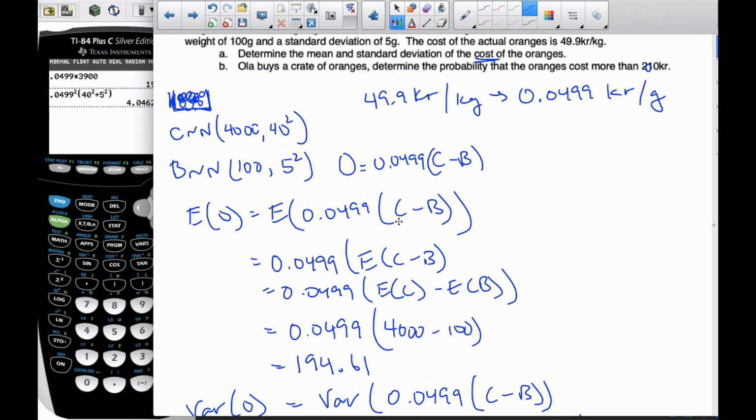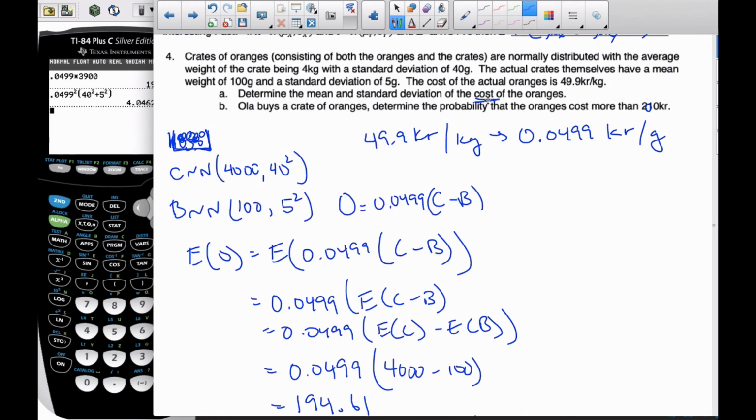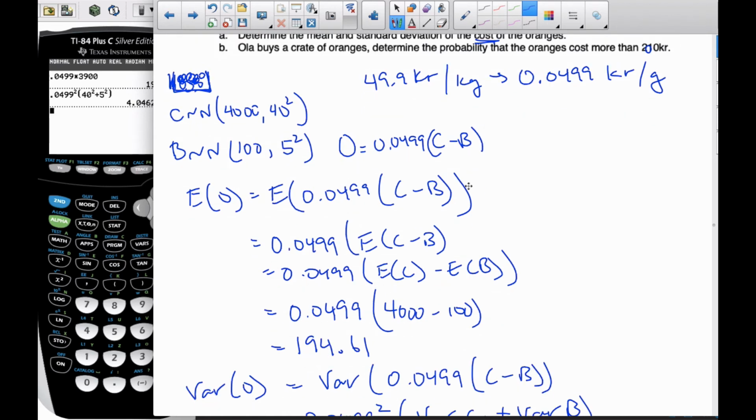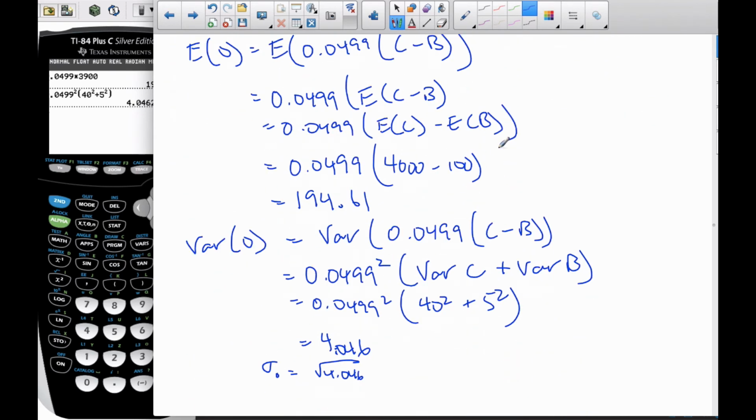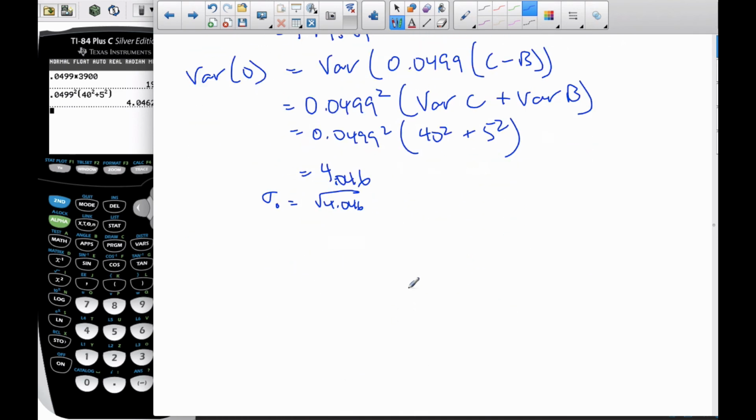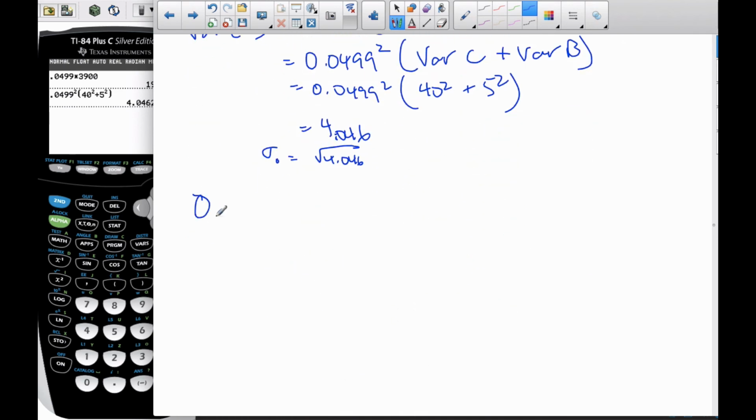And so that will answer my question here. I know the mean and the standard deviation. And so now I can say that O, the cost of oranges, is normally distributed with a mean of 194.61 and a variance of 4.046 squared.